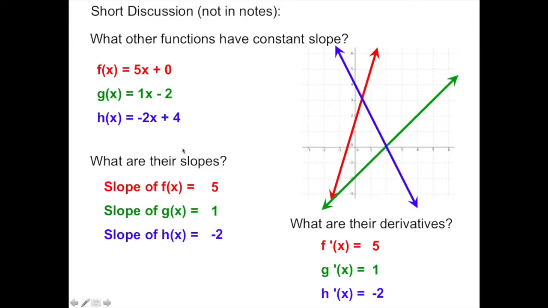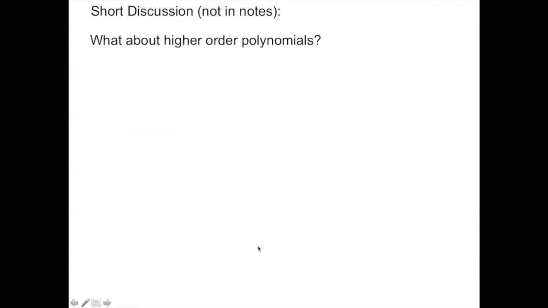As long as the slopes are constant, in other words, as long as the slopes never change, then we know the derivative everywhere is going to be that value of the slope. So for those two examples, a constant function and a linear function, it's easy to find the slopes, and so it's easy to determine the derivative. We don't really need the limit method.